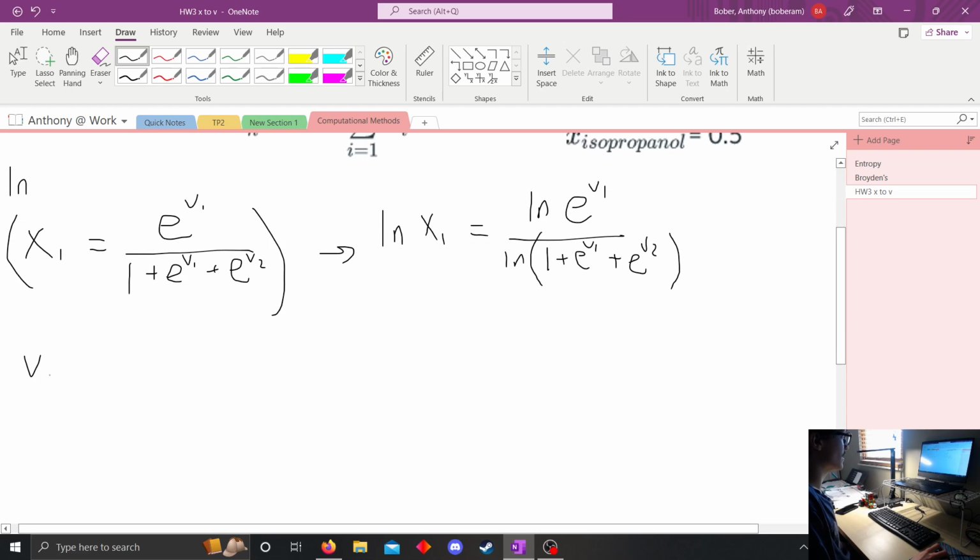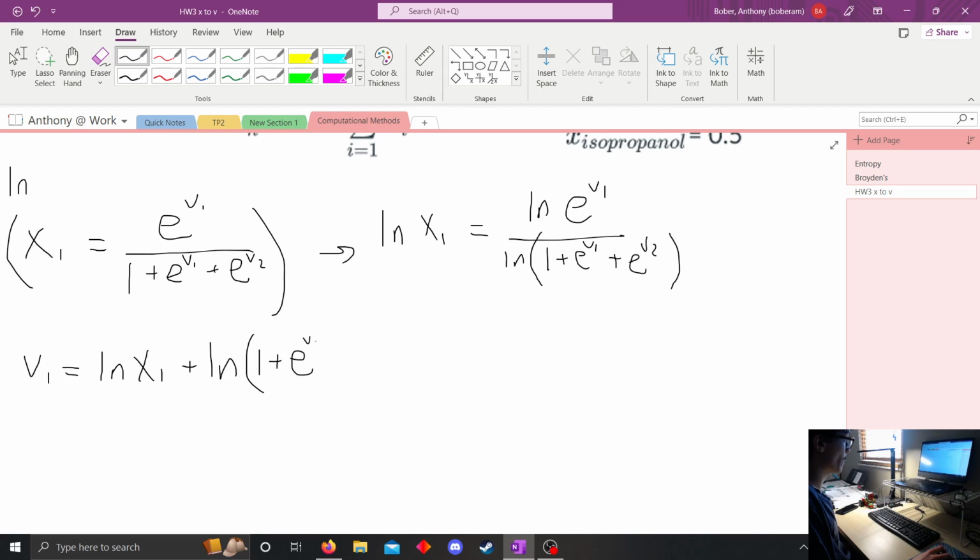So we can write this as v1 equals the natural log of x1 plus the natural log of this big thing here. Okay, so right now we're going in the right direction, but we still have this right here.